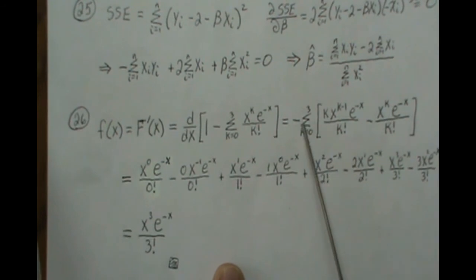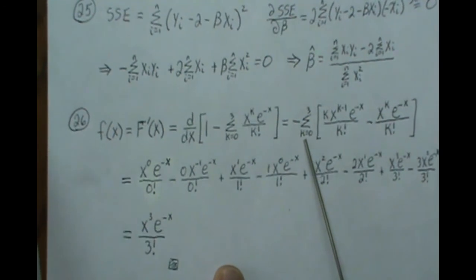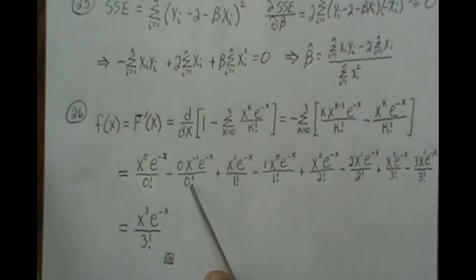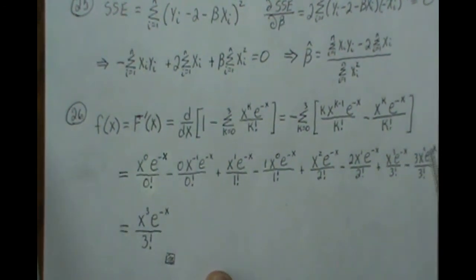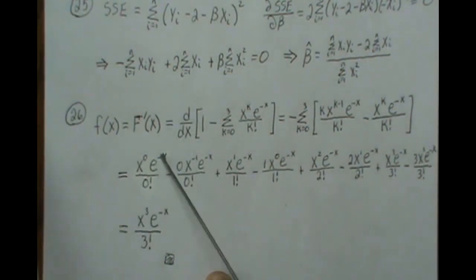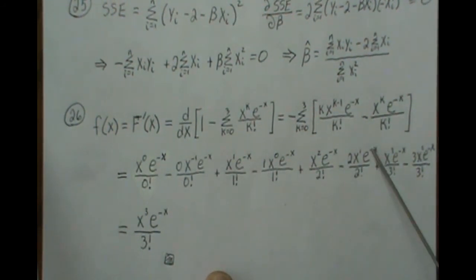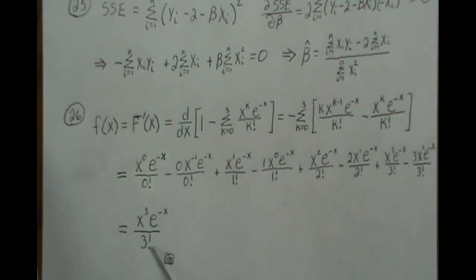Now this negative can be taken in to make that a positive and this a negative, and then you plug in k equal to 0, k equal 1, k equal 2, k equal 3, and 0 times anything goes away. That cancels with this, this one cancels with that, because the 3 cancels, makes that 2 factorial, and the only thing we're left with is this.